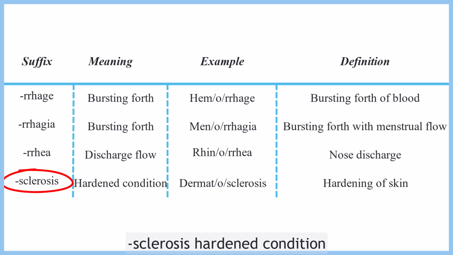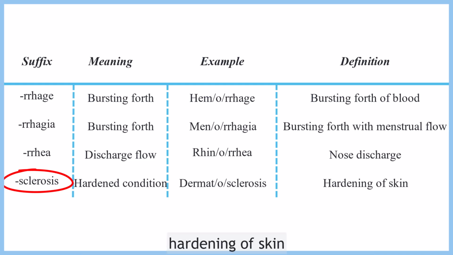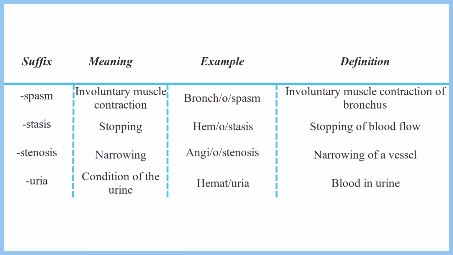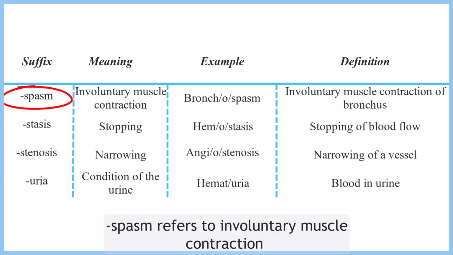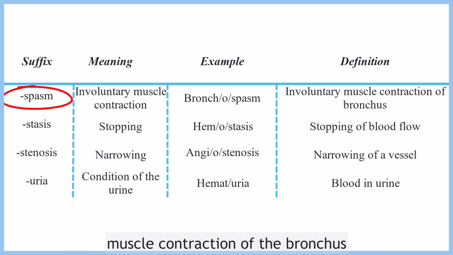Sclerosis, hardened condition. For example, dermatosclerosis, which means hardening of skin. Spasm refers to involuntary muscle contraction. For example, bronchospasm means involuntary muscle contraction of the bronchus.